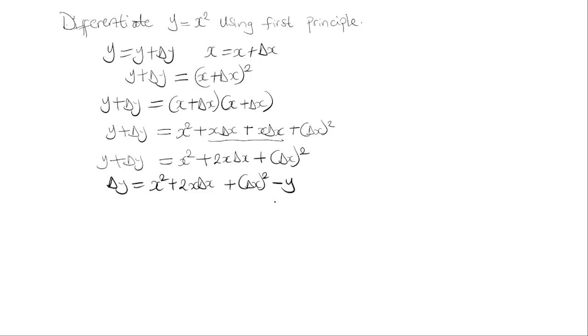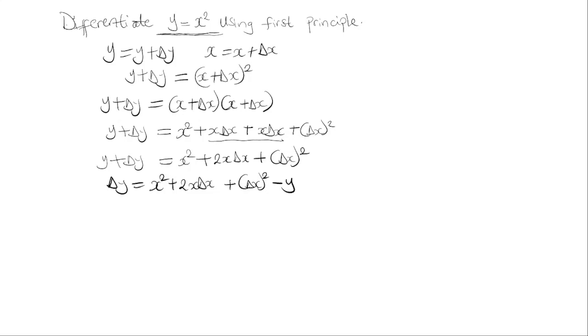So what's the next thing to do? Now you will notice that in our question, y is equal to x squared. So at this stage of our solving, anywhere you see y, replace it with x squared, according to how we have it in the question.